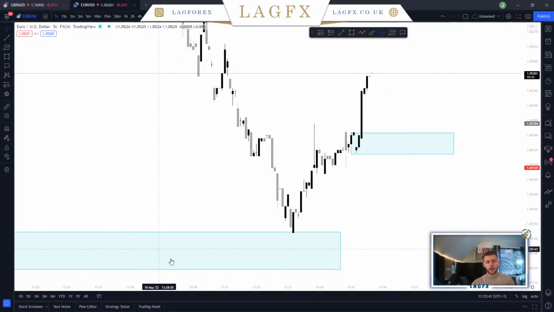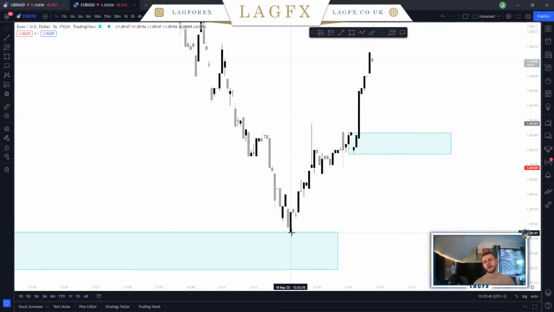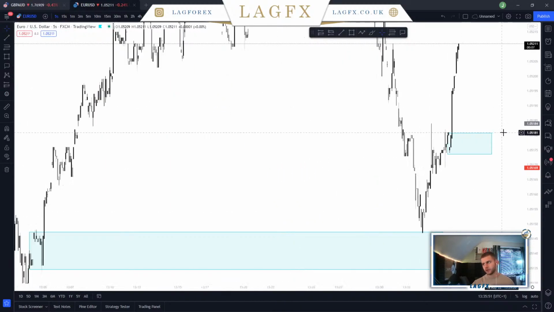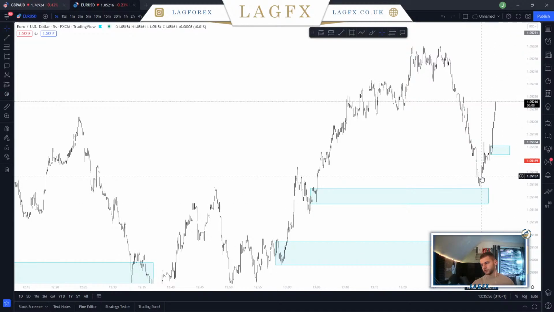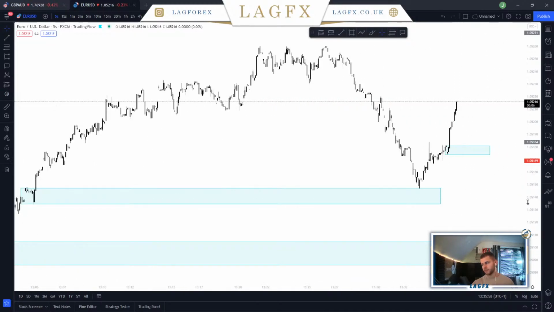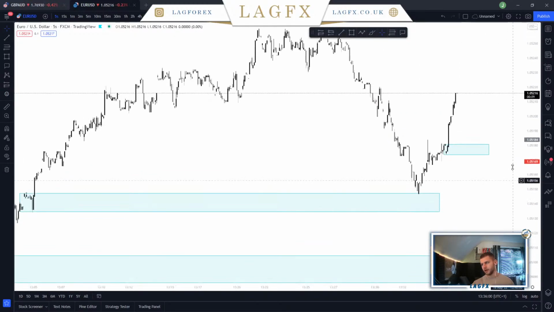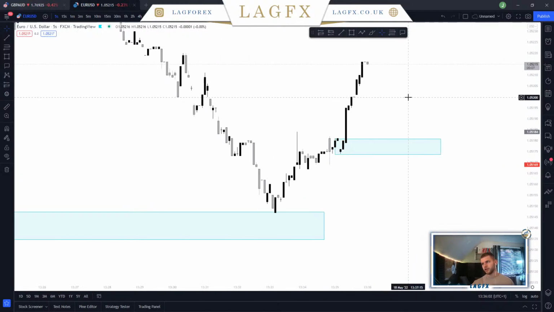Obviously, maybe you could have had a pending order sat at this demand zone looking to take buys. I personally don't like using pending orders, so that's not something I've done or will have done, but hopefully price will deliver us some opportunity to enter. There's just so much volatility reintroduced to the upside again.